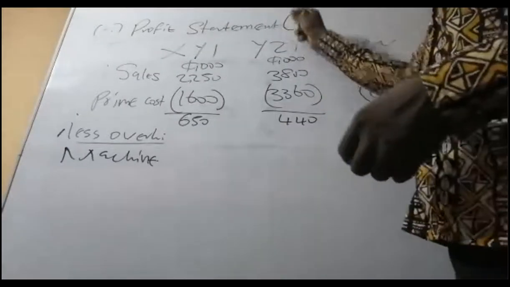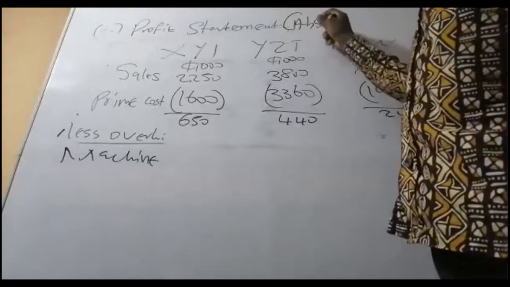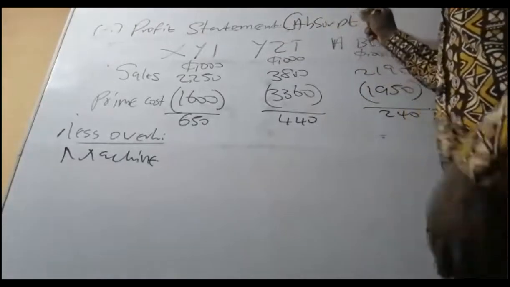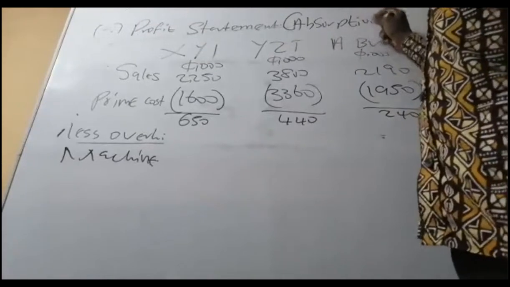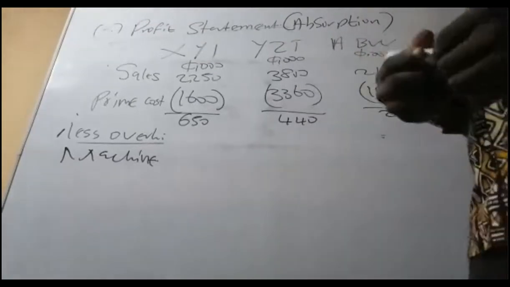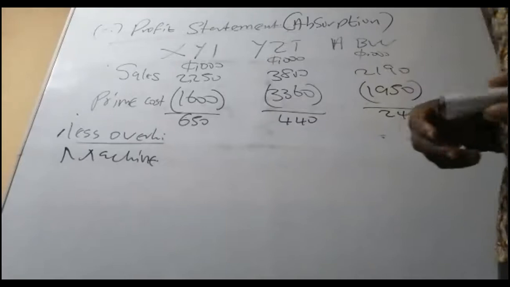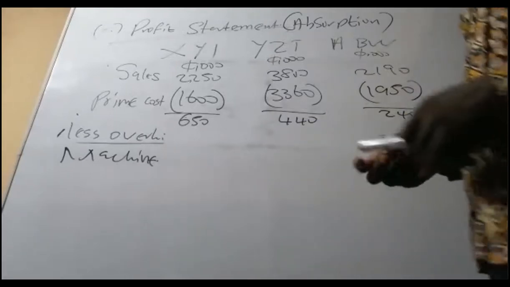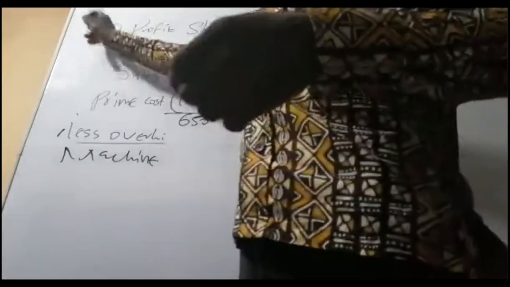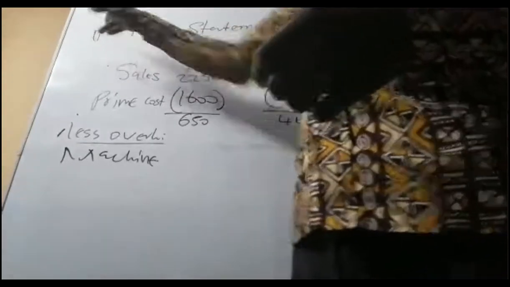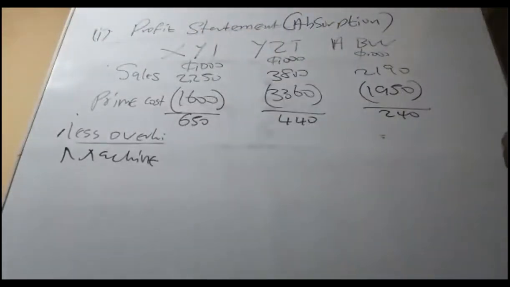So into bracket, absorption. Just use this to demarcate it. What we did first was the ABC. We are now doing the very first part of the requirement.